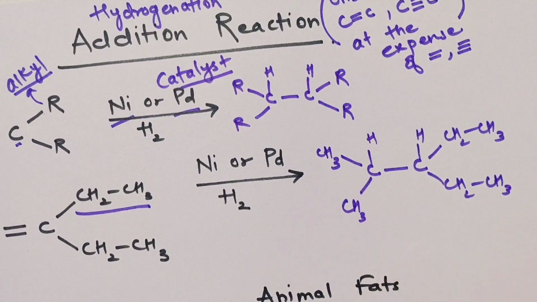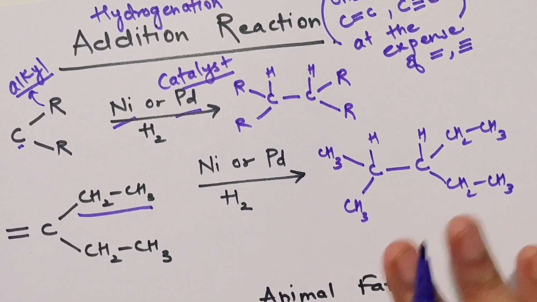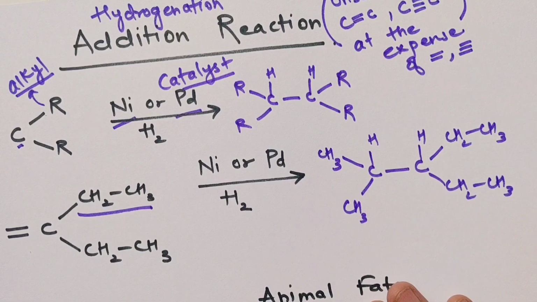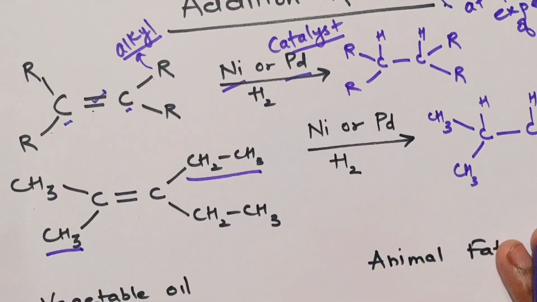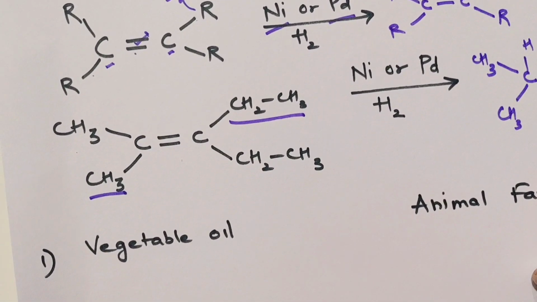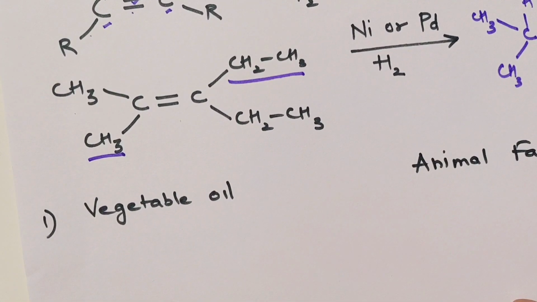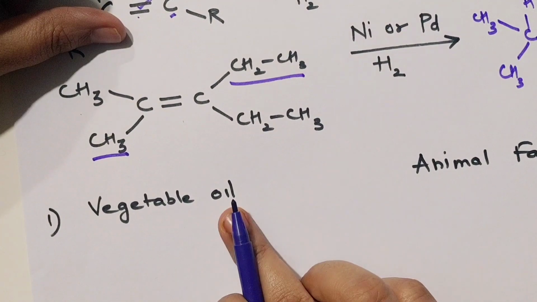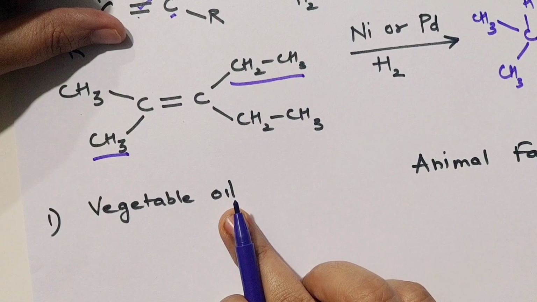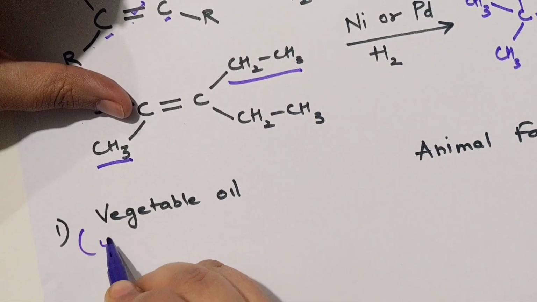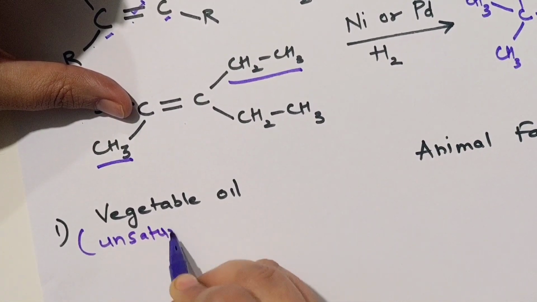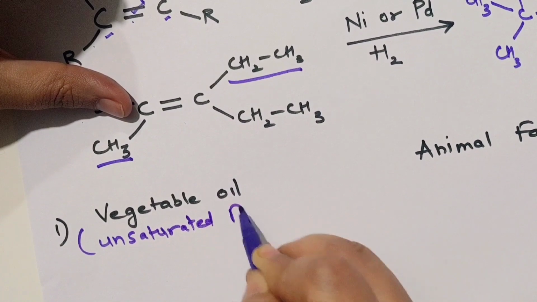All right. Okay, now what's the relevance of addition reaction? The relevance of addition reaction, especially when it's hydrogen, is that vegetable oils can be converted into solid fats by hydrogenation. How? Vegetable oils are basically unsaturated fatty acids.